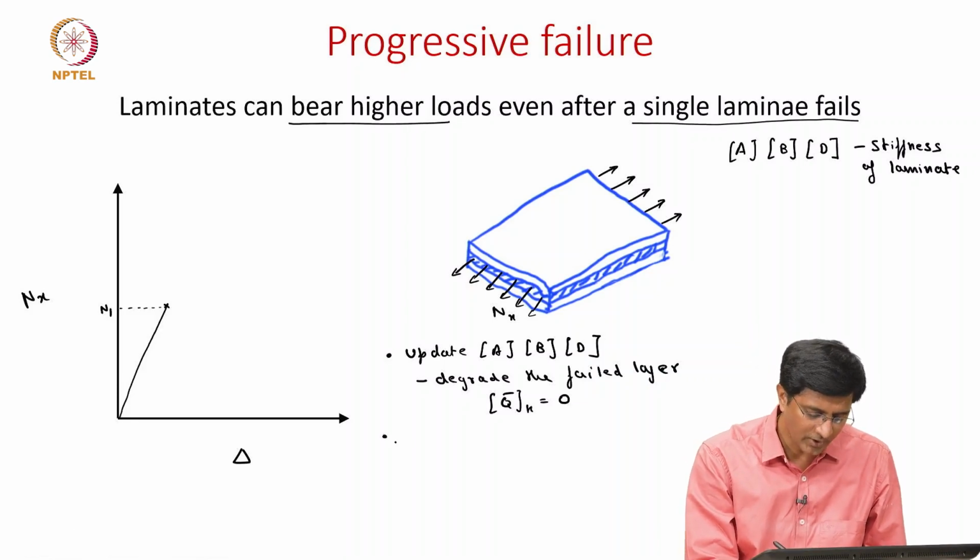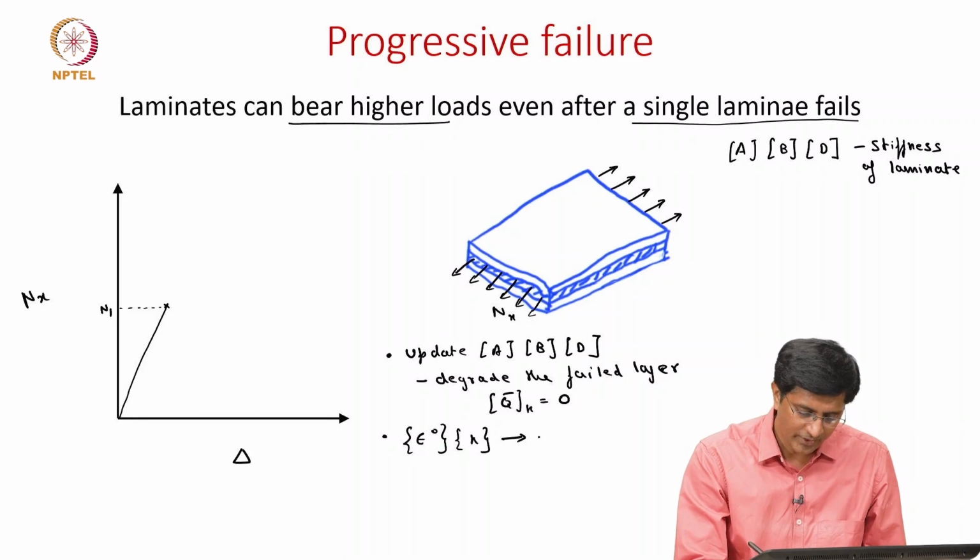Once we update the ABD, as I showed in the previous slide, the first thing is to find the midplane strains and the curvatures, and from this we find the strains in each layer, and from that the stresses in each layer.